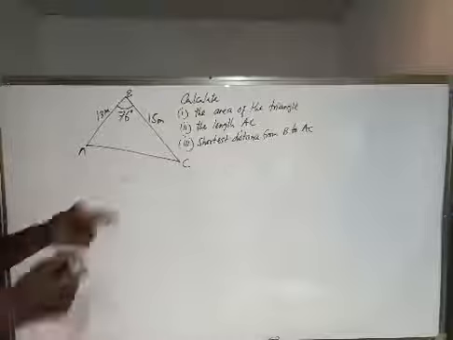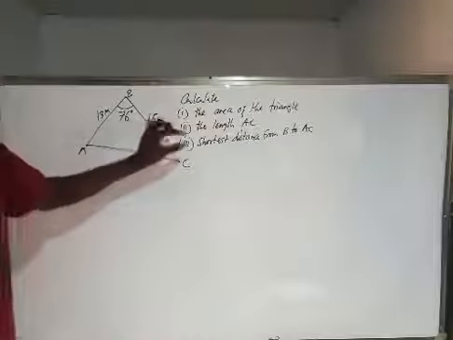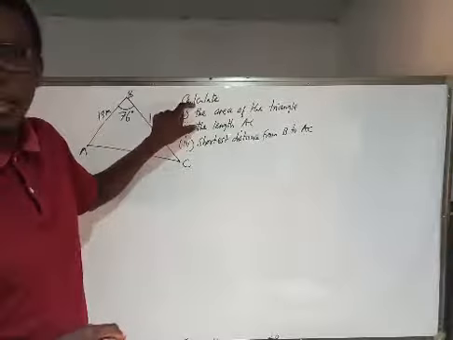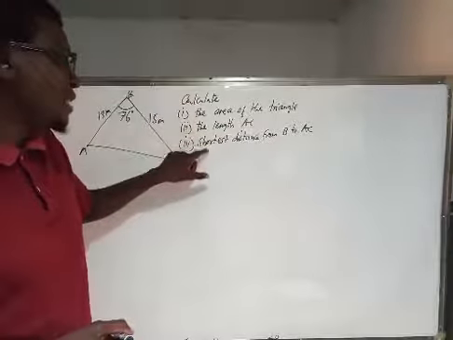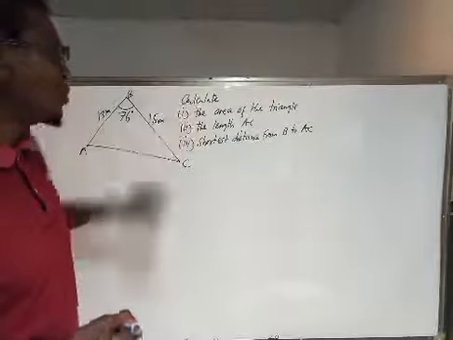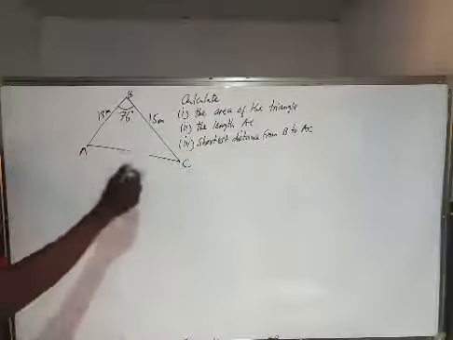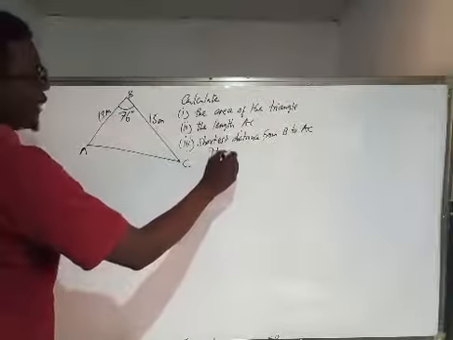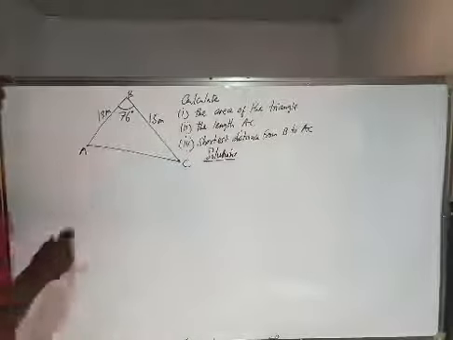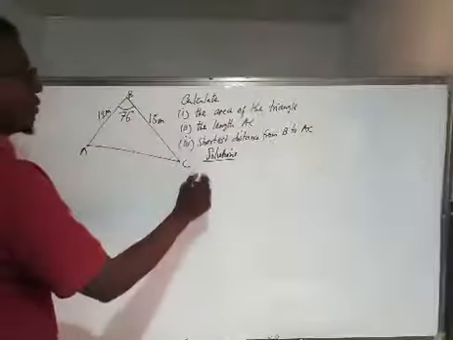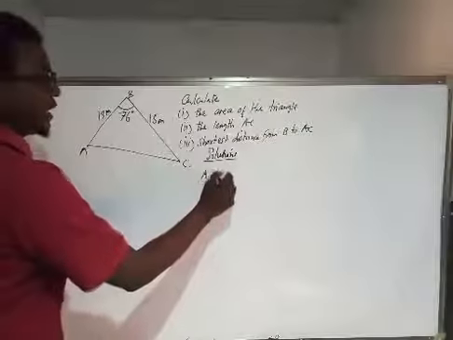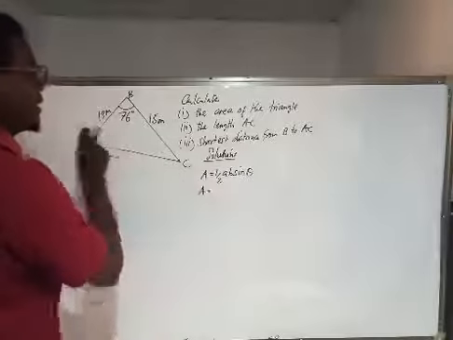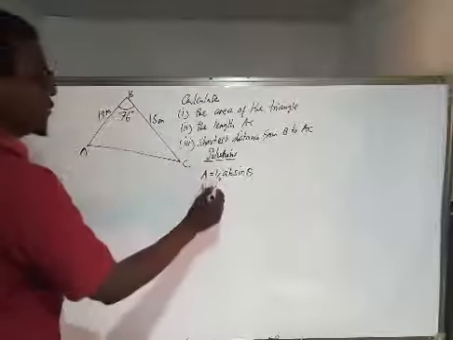Why have I talked about cosine rule? Because for me to find the shortest distance, I need these two things. For you to find the shortest distance, it is dependent on these two. So to find the area, we know that area is equal to half side A, side B, sine theta. Remember this is side, angle, side, so it's straightforward.